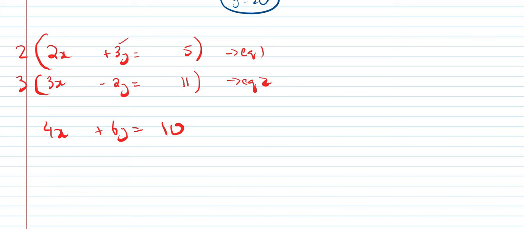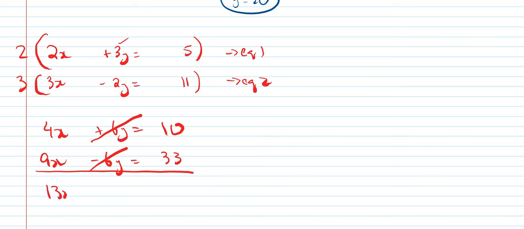In this equation, 3 multiplied by 3 is 9x. 3 multiplied by minus 2y is minus 6y. And 3 multiplied by 11 is 33. So plus 6y and minus 6y both are cancelled. 4 plus 9 is 13. 13x is equal to 10 plus 33, which is 43.